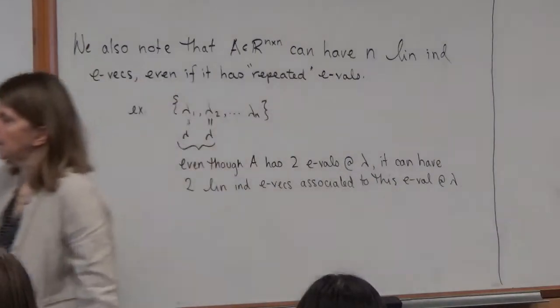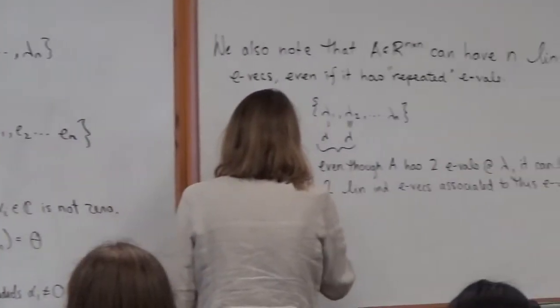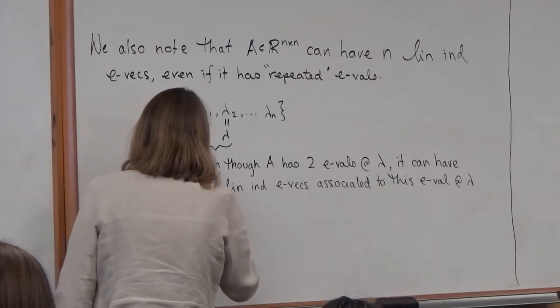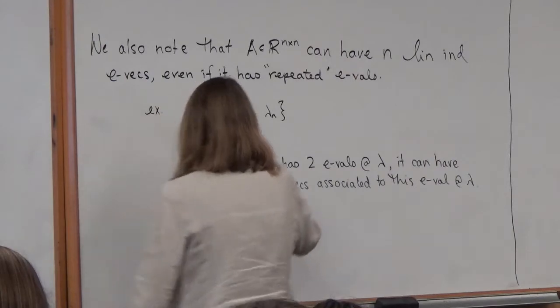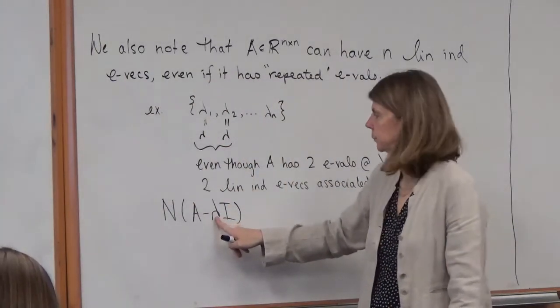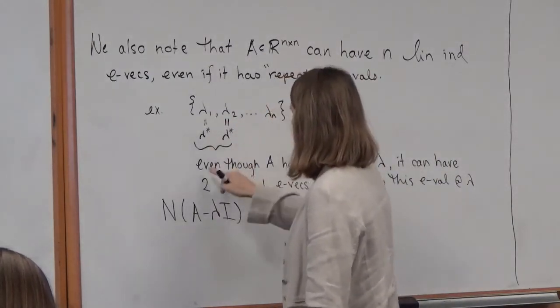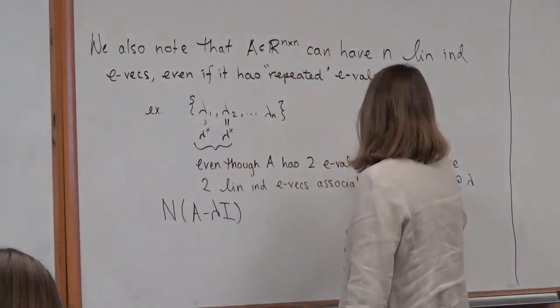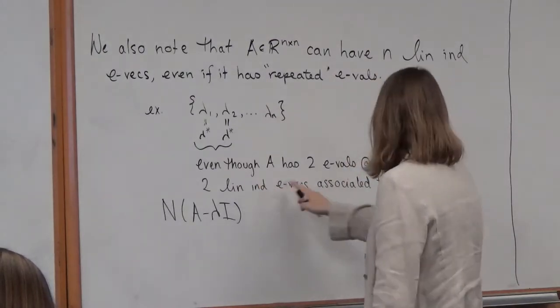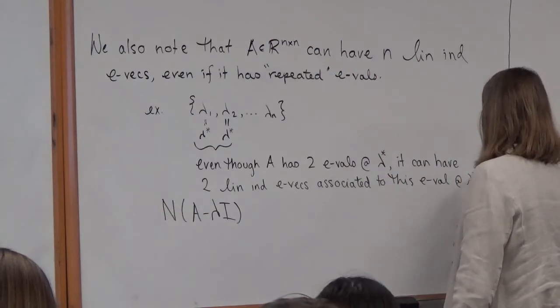So you go back to your algorithm for computing eigenvectors, and you say, all right, well, let's compute the null space of A minus lambda I. Now I'm choosing that lambda to be the specific lambda here. Let's use lambda star just to make sure we're not talking about a generic lambda. Even though it has two eigenvalues at lambda star, it can have two linearly independent eigenvectors associated to that eigenvalue at lambda star.